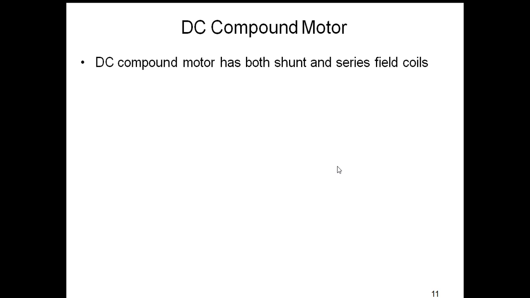In a DC compound motor, it has both series and shunt field coils.